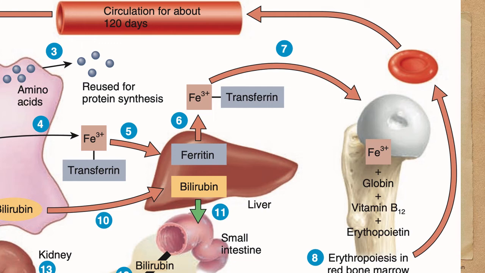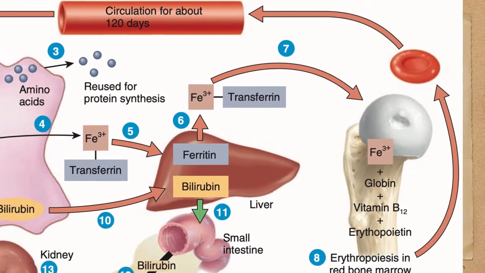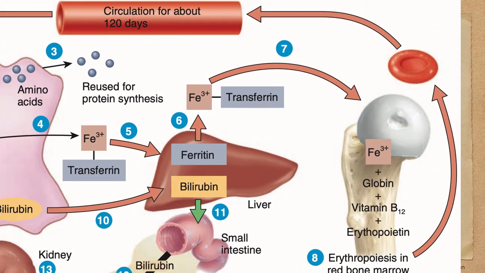As we mentioned earlier, the iron came from the heme, not the globin. I want to emphasize that. In this process, the iron is needed for the heme portion of the hemoglobin molecule, and amino acids are needed for the globin portion.